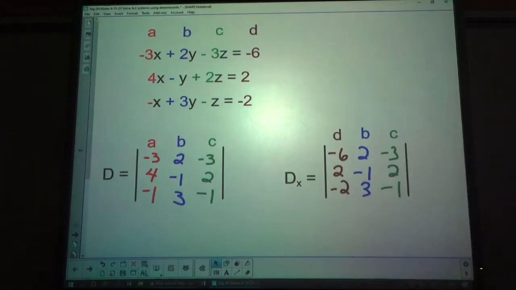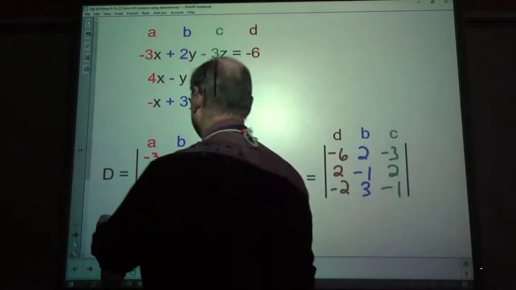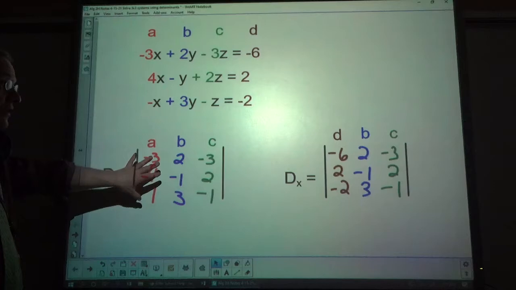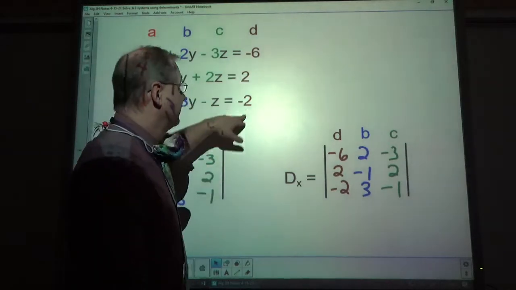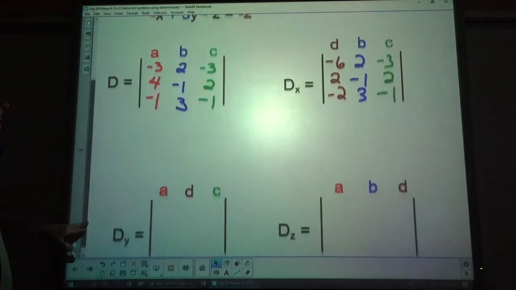Now I'm only going to do this one with the colors. Once we go to the next example where you try it on your own, I'm not going to use the colors, though if you choose to, you could. So I'm going to set up the next 2, and I only really need this and this to do that.